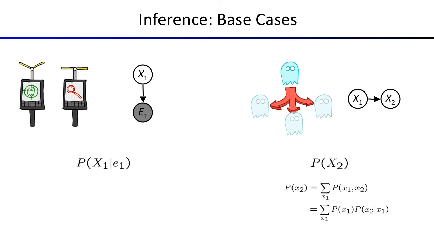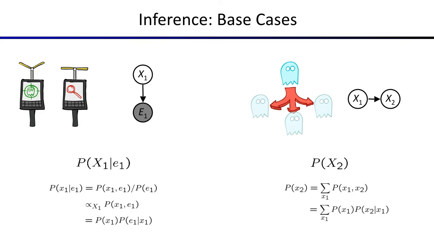The only other base case that we have to think about here is what to do with the evidence. In an isolated example, I want to figure out what the posterior distribution over my hidden state is, given that I've observed some evidence variable. The way we're going to do that is as follows, and this also hopefully looks familiar from when we were talking about BayesNet inference in the general case.